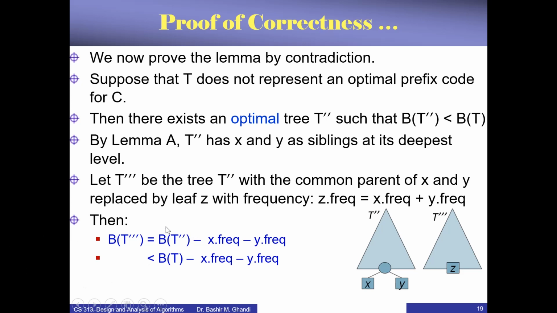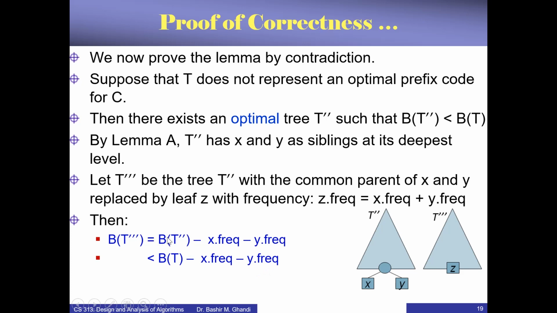All right, but remember, BT prime is optimal. All right, this is the assumption. Suppose there exists an optimal tree T double prime. Therefore, if you replace the cost of that optimal with the cost of our T, the T that we are trying to prove that it is indeed optimal, although we say it is not optimal here, we suppose it is not optimal, we should have a bigger cost.